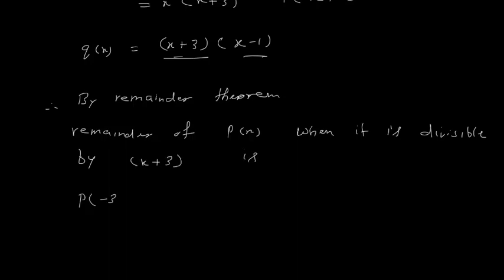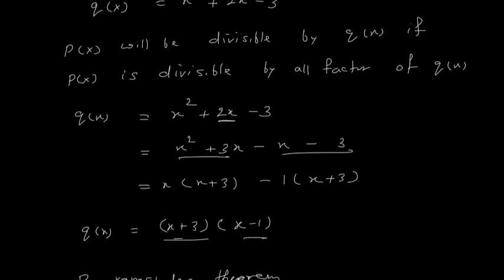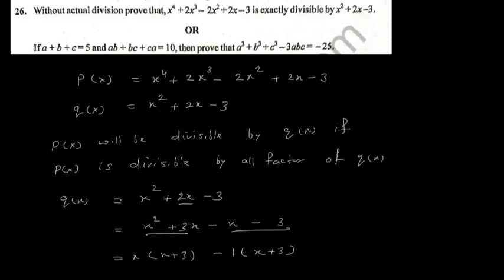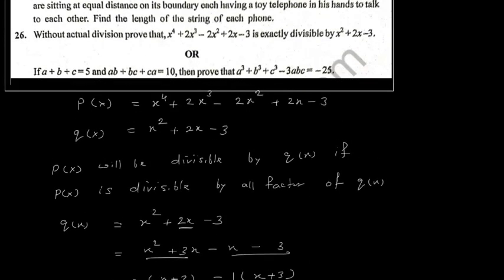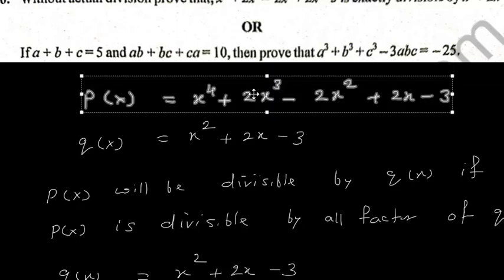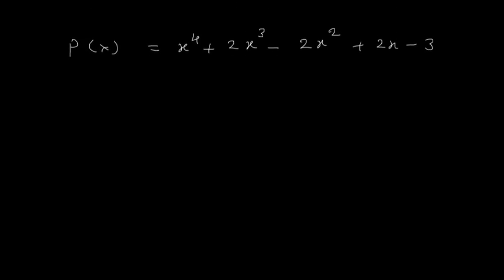P of minus 3. Now first let us write what is P(x). Here P(x) is x power 4 plus 2x cube minus 2x square plus 2x minus 3.